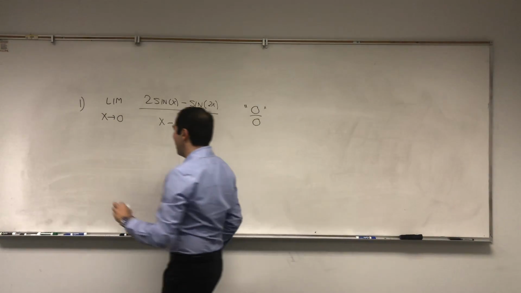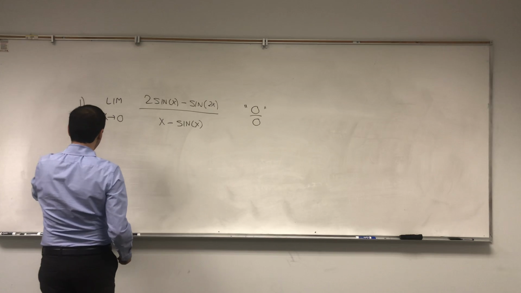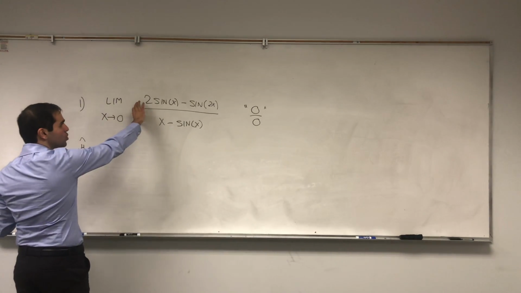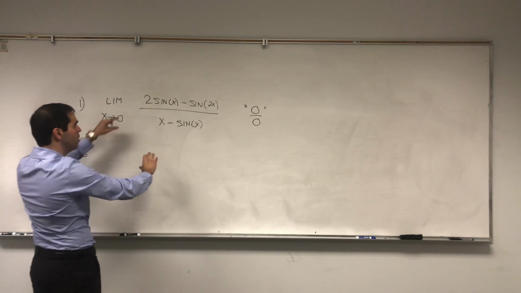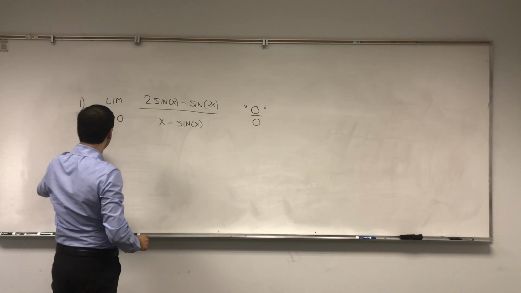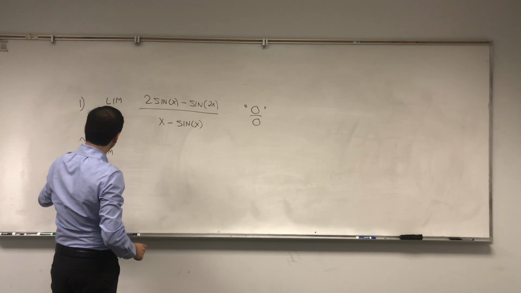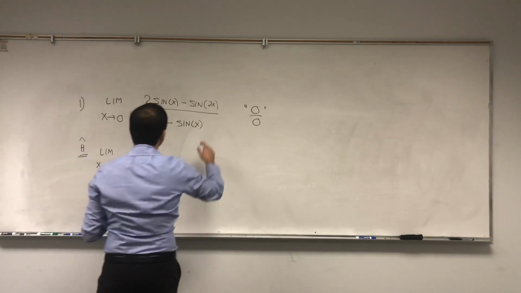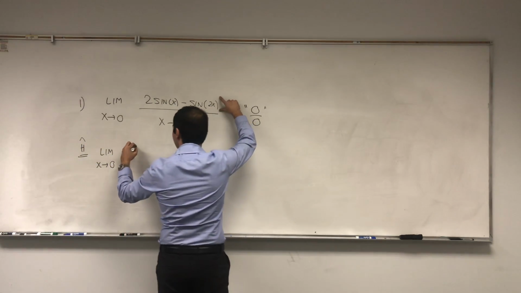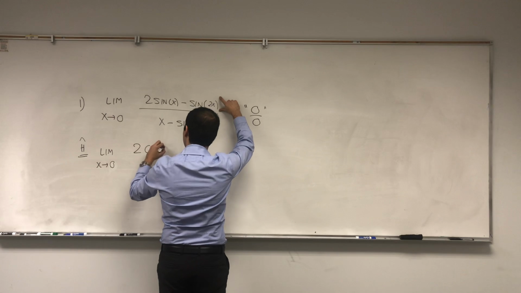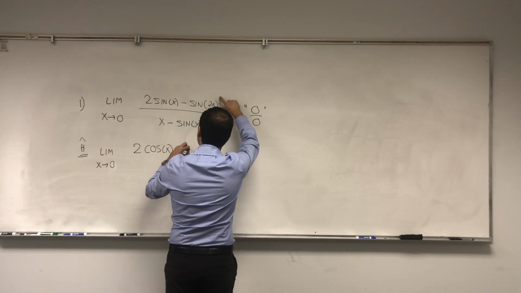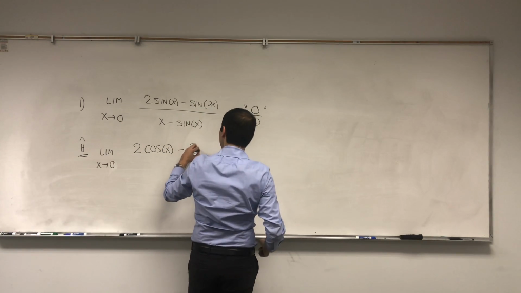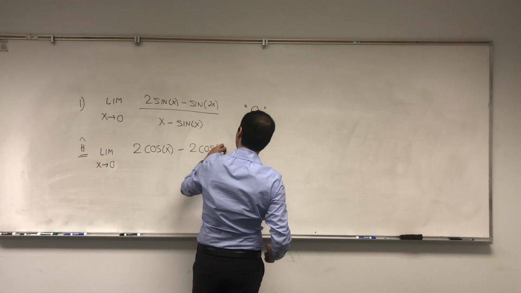L'Hopitalizable. And then what does L'Hopital's rule say? It simply says to take the limit of this ratio, just take the limit of the derivatives. So what this becomes is limit x goes to 0 of the derivative of that, which is 2 cosine of x, minus 2 cosine of 2x.